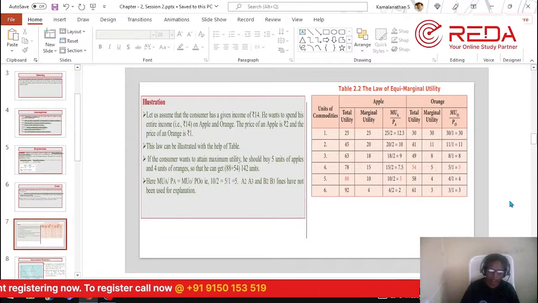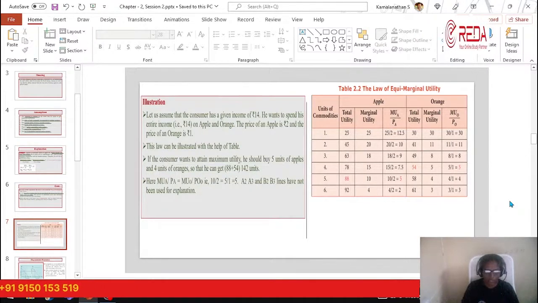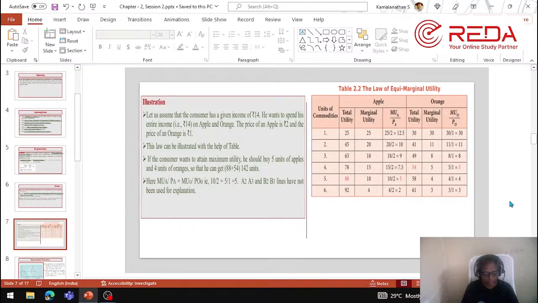Then the fourth situation: if the consumer is consuming 4 apples, the total utility will be 78, the marginal utility will be 15, 78 minus 63, and the marginal utility of the consumption of 4 apples is 15 by 2 equals 7.5.